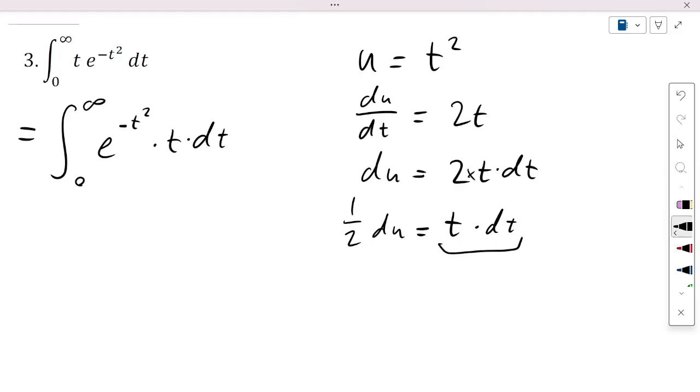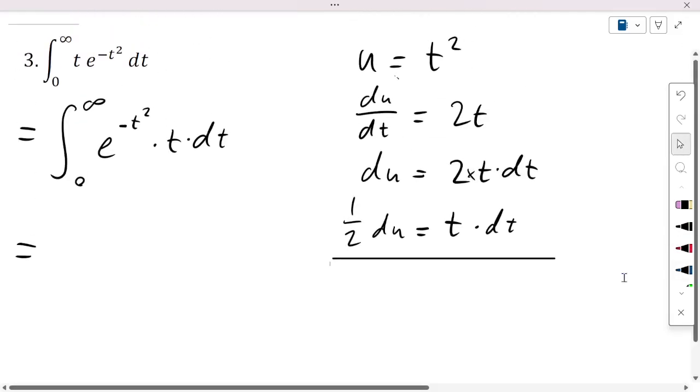And that is exactly what we have here. So we can replace this with this, and we can replace this t squared with u, which is exactly what we decided to make. But before we move on, we have a definite integral, which means we need to do our extra step over here.